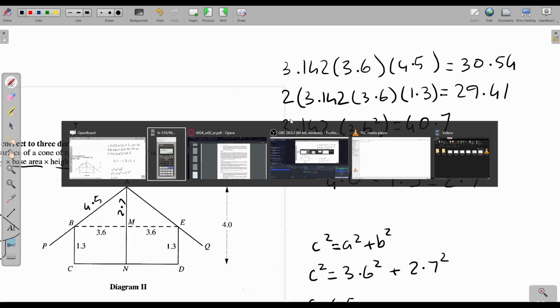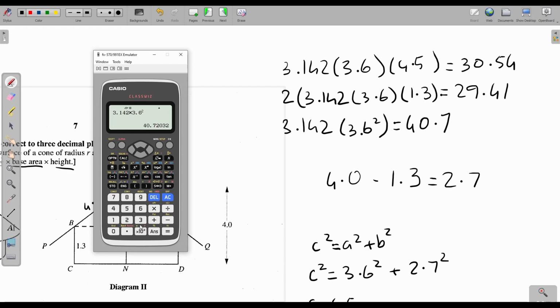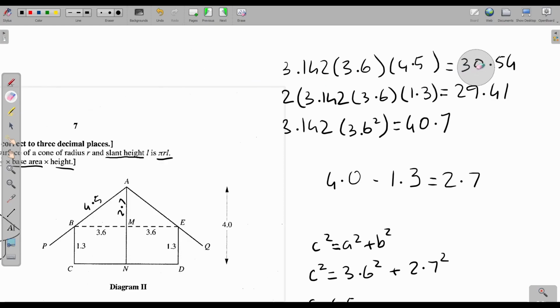That would be a completely different number. It's going to be 3.142 into 3.6 into 4.5, which is 50.9.